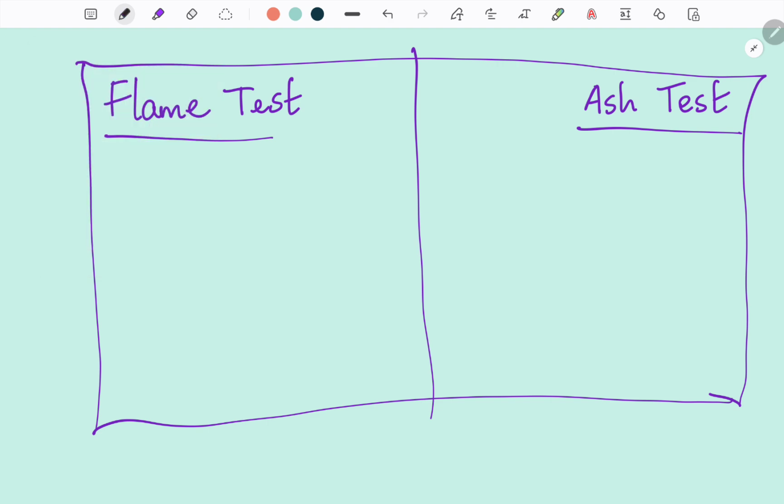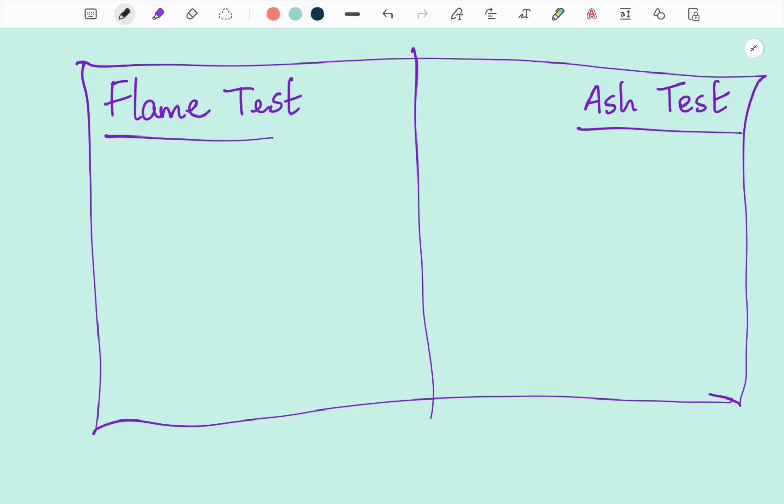Now, if you remember in part 1, I told you that in the preliminary observations, you have to write the flame test as well. However, it is not mandatory to perform it in the lab, but you have to write it in the beginning. So now I'm going to explain what is the flame test.